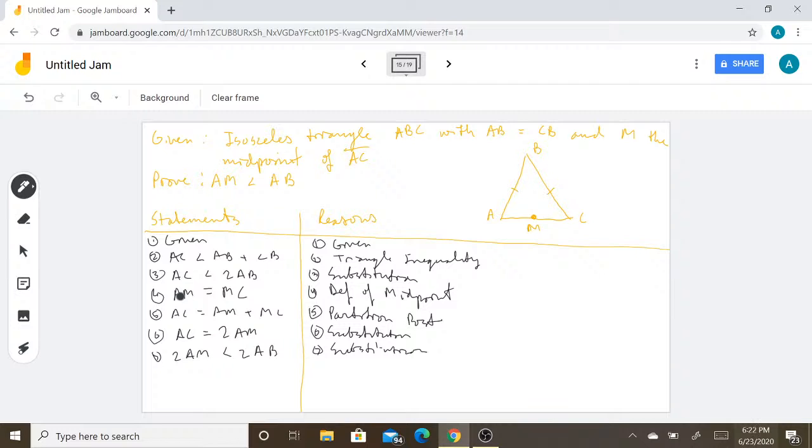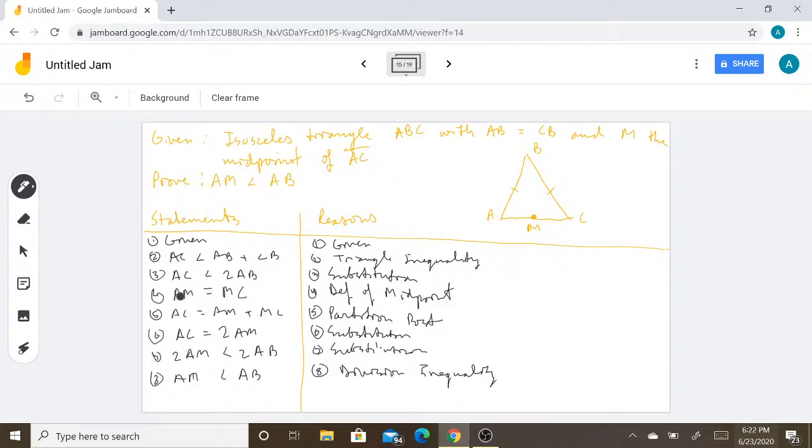And finally, we can conclude that AM is less than AB. And this is the division postulate of inequality.